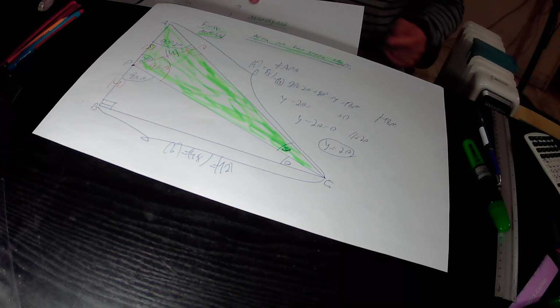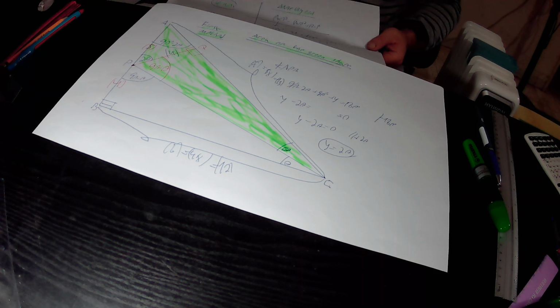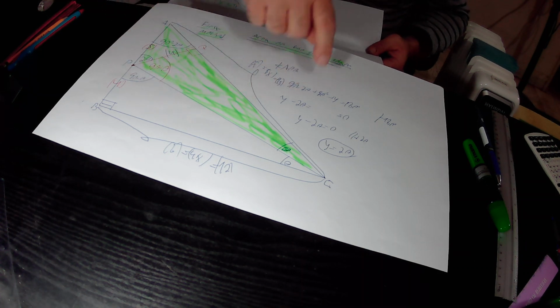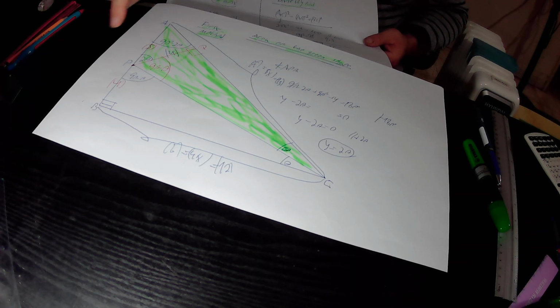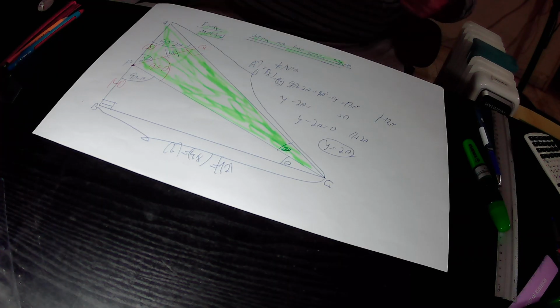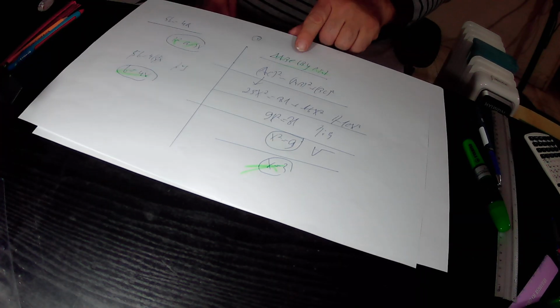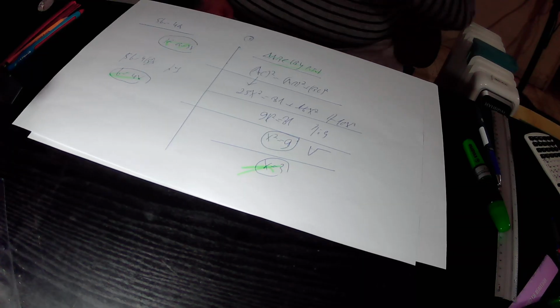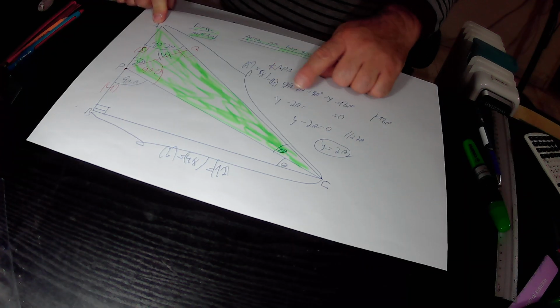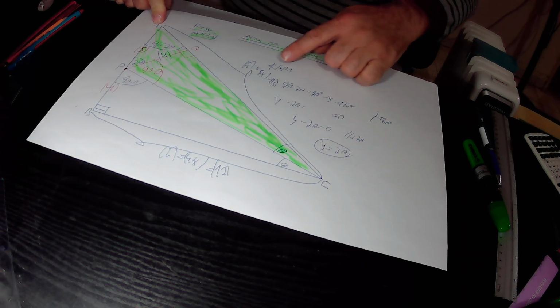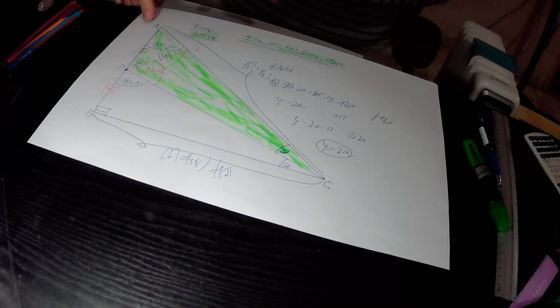In the next step, we implement the Pythagoras theorem on this big right triangle ABC. According to the Pythagoras theorem, AC squared equals AB squared plus BC squared. AC equals 5x, therefore AC squared equals 5x squared, that is 25x squared, and this equals AB squared.